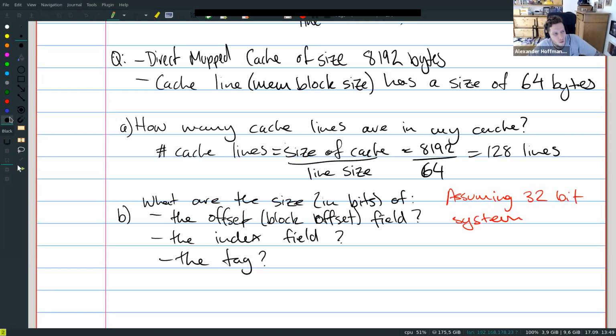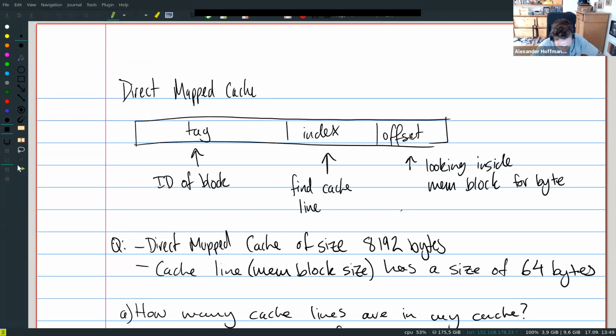I think you've got it mixed around the wrong way, but you're sort of correct for some other stuff. The offset is the one on the very right-hand side that shows where your byte is within your memory block, within your line. If we look at the memory address I've written before, we're looking for this one on the right, the offset.